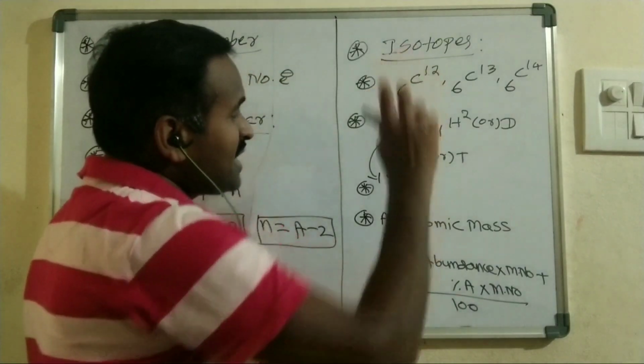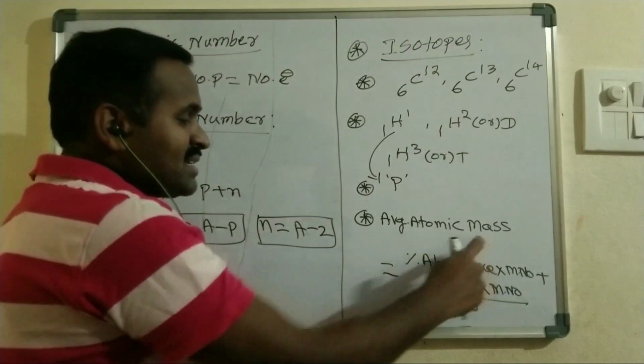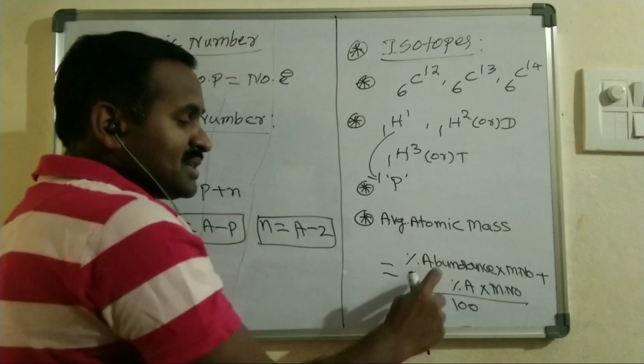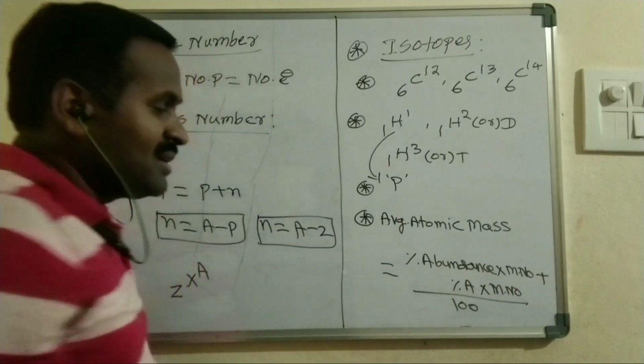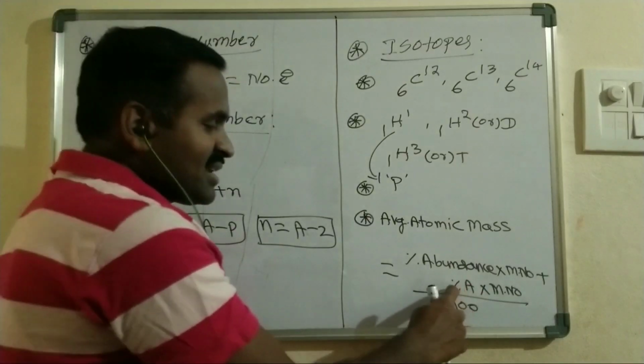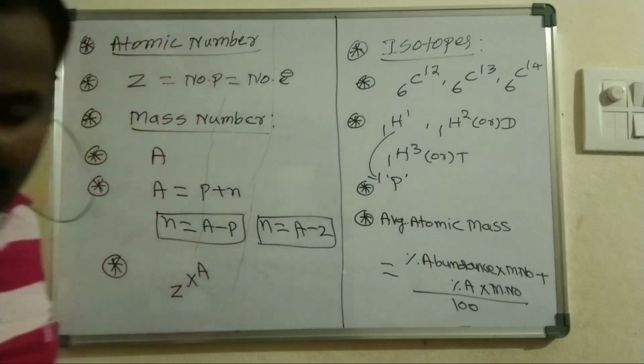So with the help of these isotopes we can find the average atomic mass. The formula is the percentage abundance of one isotope into its mass number plus percentage abundance of another isotope into its mass number divided by the total percentage, that is 100.